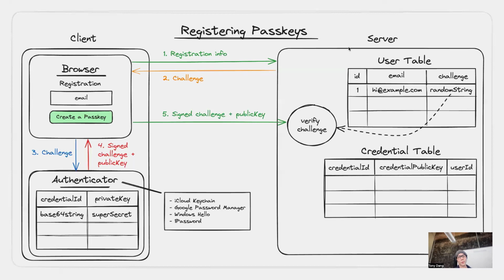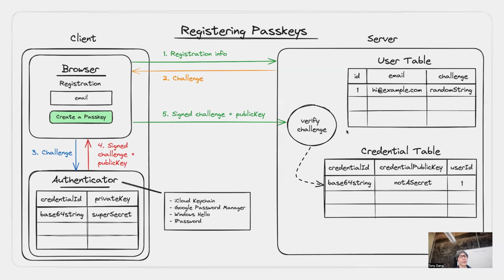So what that really means is we're just comparing the challenge that we created with the challenge that was received. And if that checks out, we go ahead and store the public key in our server database. Then after that, we just have to do a little cleanup and get rid of the string right here in our users table. And this is to prevent replay attacks. And then we let the user know that, hey, you're now registered. So that's the flow that we need to do if we want to register a new user using passkeys.